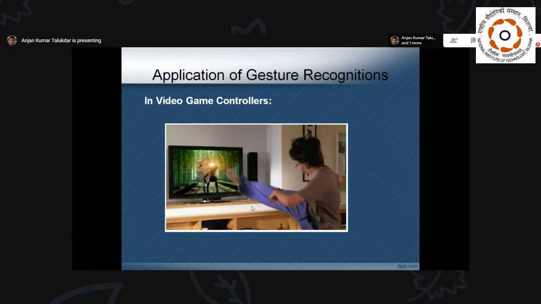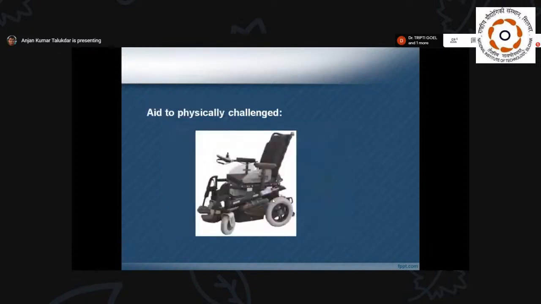Here you can directly interact with the game or the player. Suppose you are kicking, then the player will also kick. So in real time, you can directly interact with the game. This is the application in video game controllers.